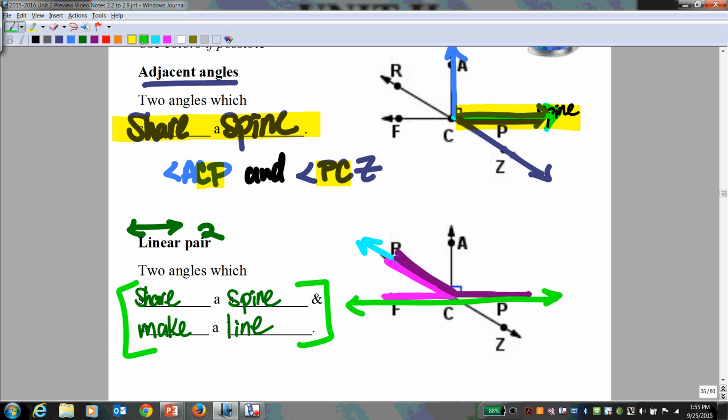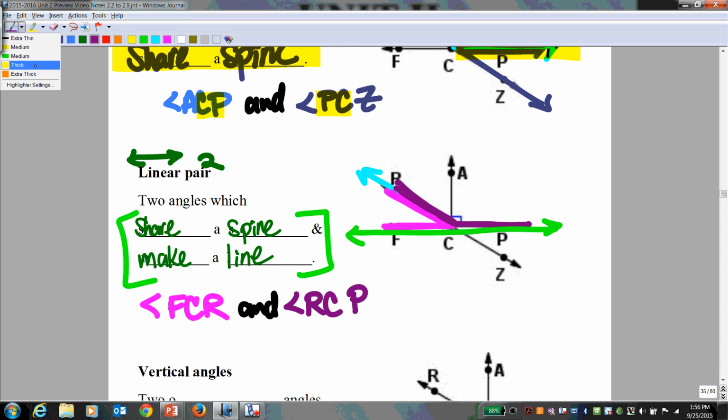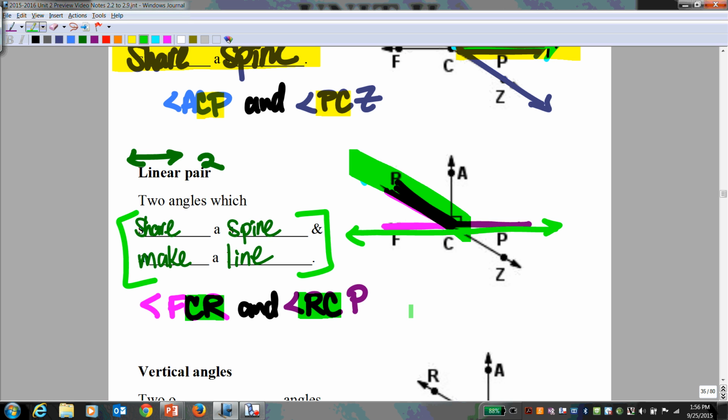These would be considered a linear pair. So once again, that's angle FCR. Share a spine, make a line. They share a spine at RC, and notice it overlaps.